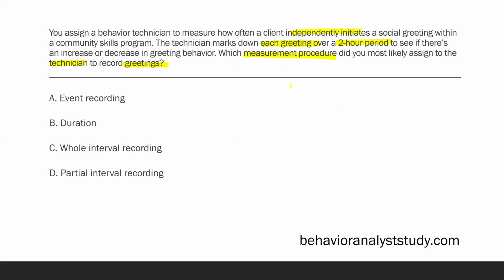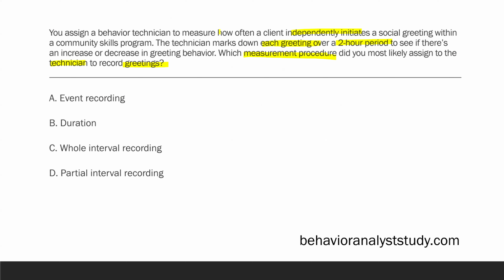So if we look at our answer choices, we can't pick C and D because those are discontinuous. Those are time sampling, they use intervals. We're not going to use those if we're measuring continuously. So that leaves us with event recording and duration. Duration, we're measuring a length of time. Event recording is like frequency. We're measuring how many.